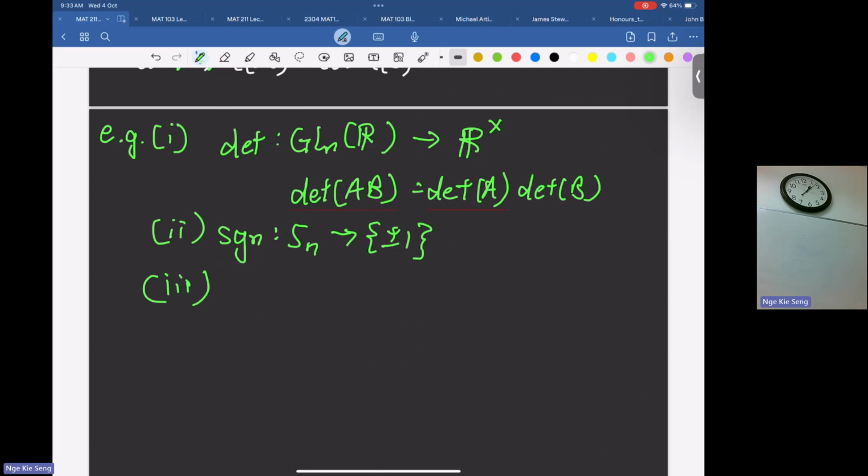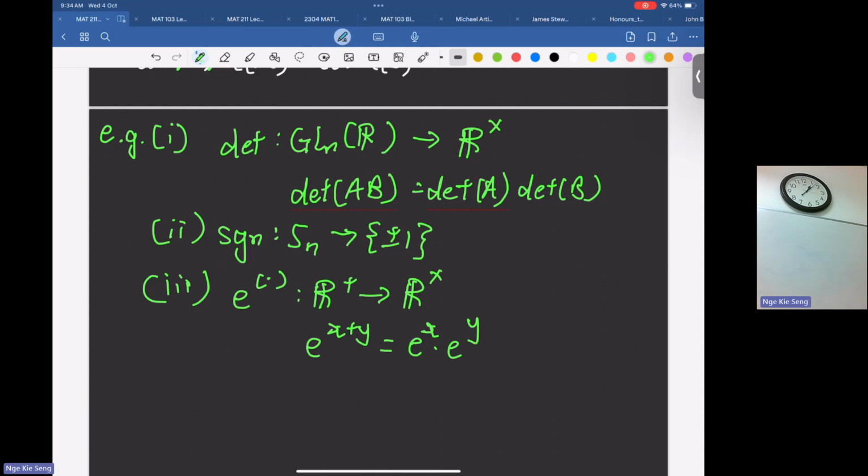Another thing is quite elementary, the exponential map from R plus to R cross. Can you guess? e to the x plus y equals e^x times e^y.